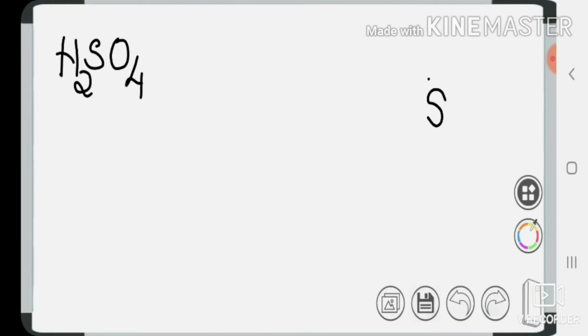and sulfur has 6 valence electrons, which is also represented here, and there are 4 oxygen atoms present in the neighborhood of the sulfur, and oxygen also has 6 valence electrons.